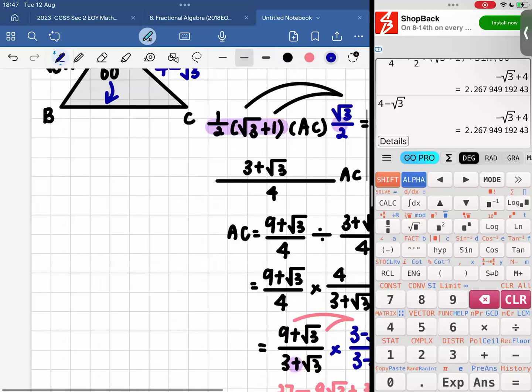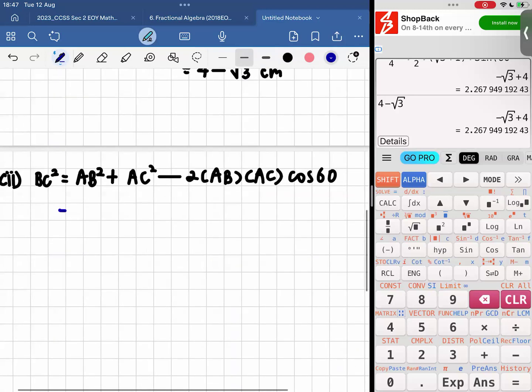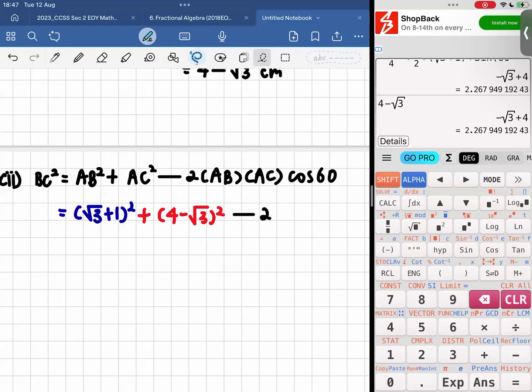So I plug in my AB square, which is root 3 plus 1 squared. Then my AC square is 4 minus root 3 squared. So I'm going to minus 2 times AB times AC.